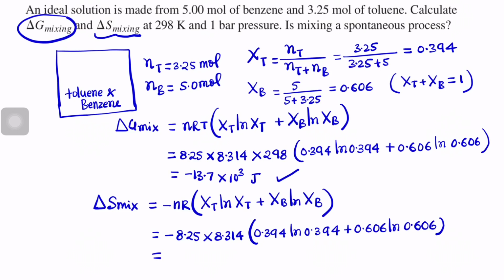Using a scientific calculator, we get around 46 joule per Kelvin. So that is the value of delta S mix.